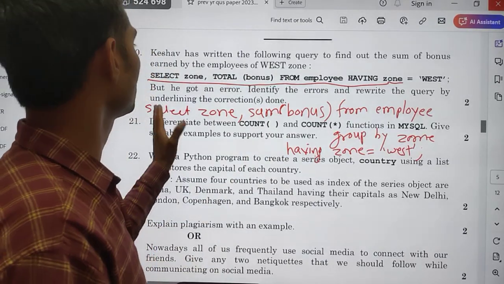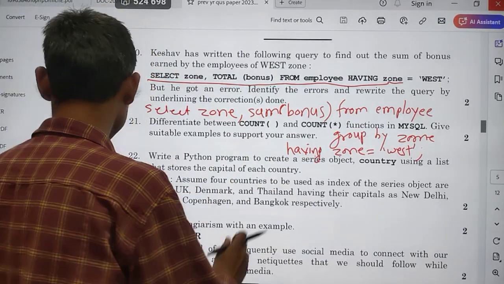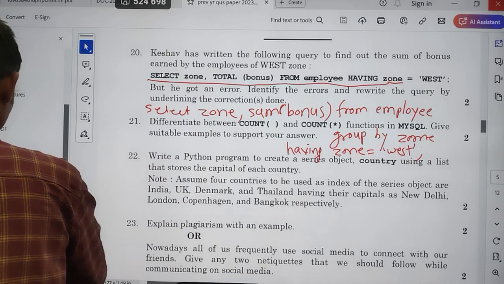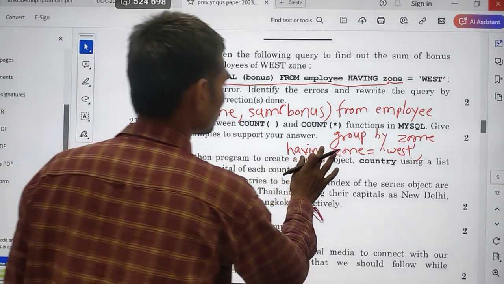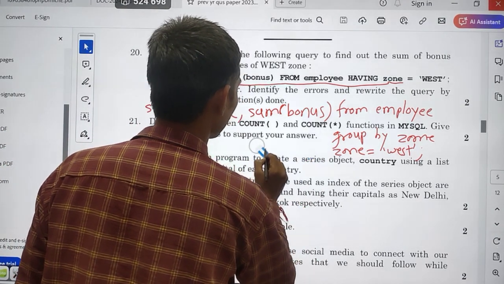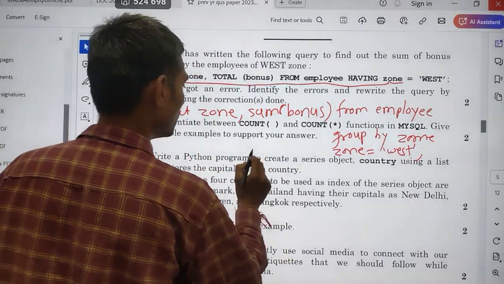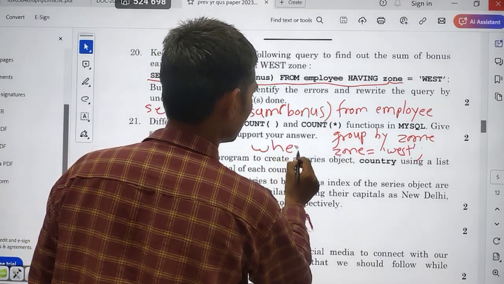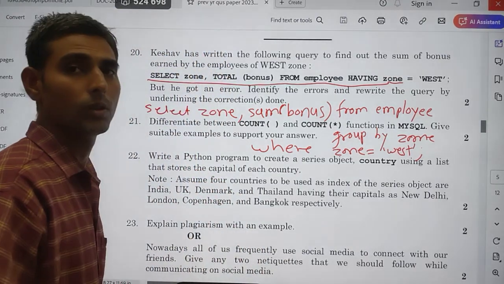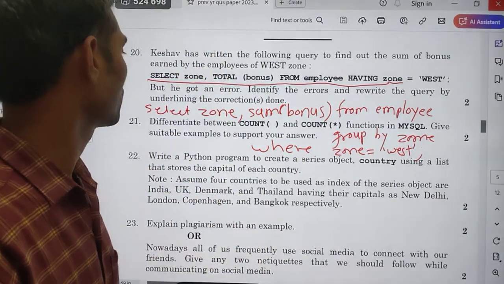Here, instead of having, we can write where also: where zone equals to West. So this is the correct output.